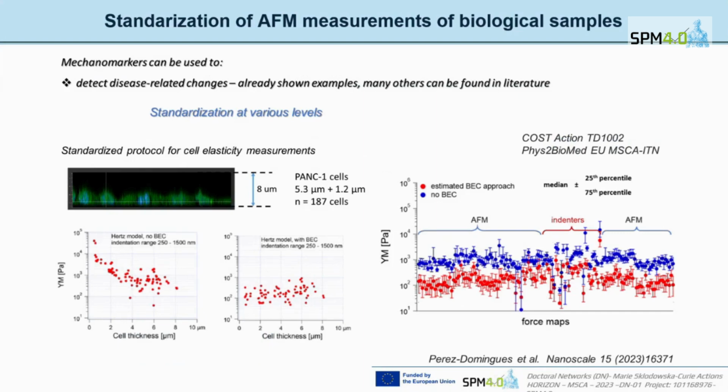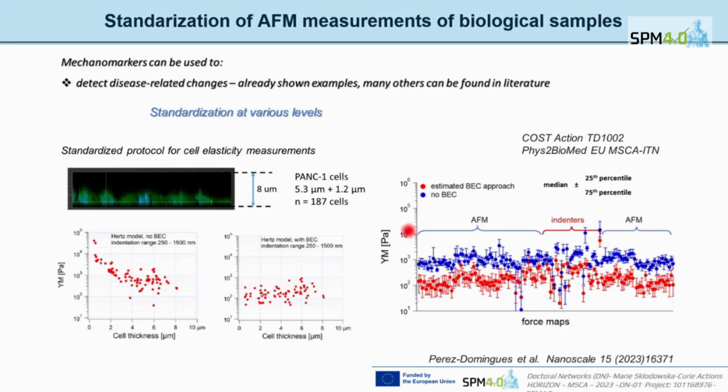This variance, the fact that the values we obtain during the measurement depend on so many factors, it is very important to work on protocols that will allow us to get consistent data.